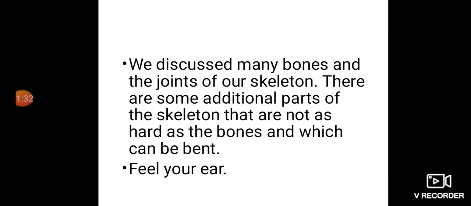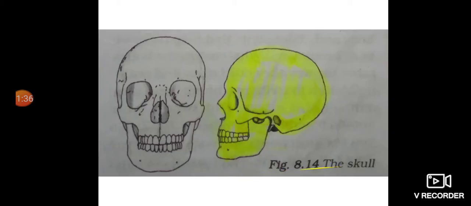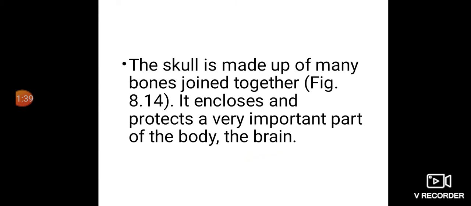Feel your ear. One minute. Shall we go to the skull? As we have learnt, the skull is made up of many bones joined together and it encloses, meaning it protects, an important part of the body, that is the brain.